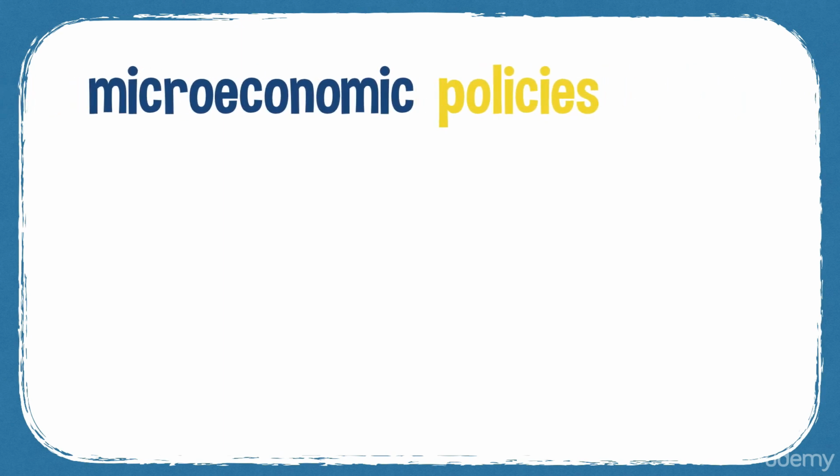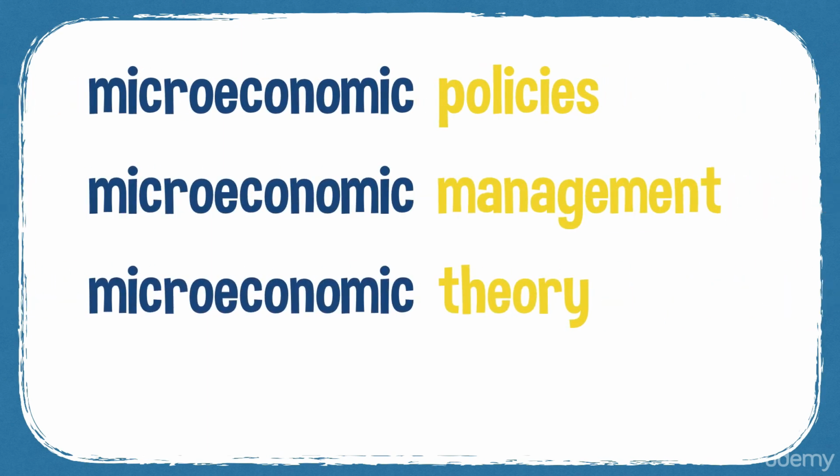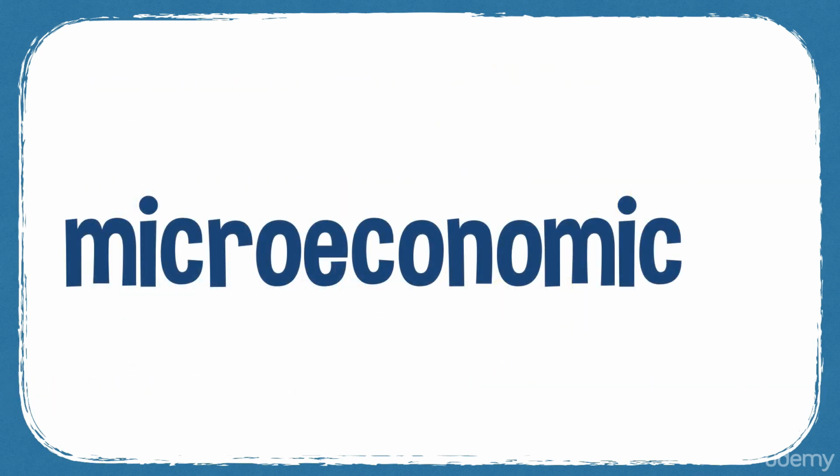So we can talk about microeconomic policies, microeconomic management, theory, reform. And again, like macroeconomic, you can turn it into a noun by adding an S. And again, no synonyms for microeconomics, because it's a very specialised word.